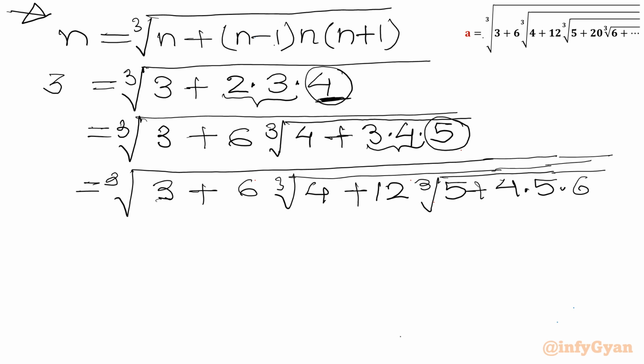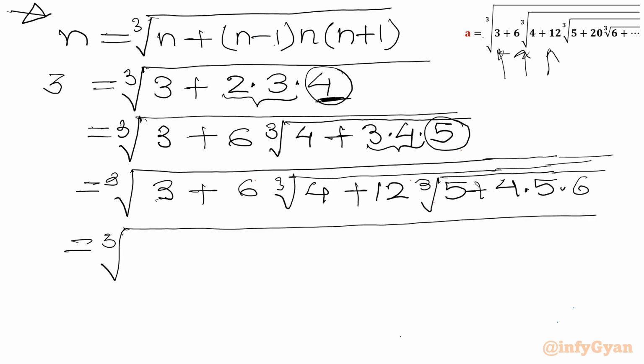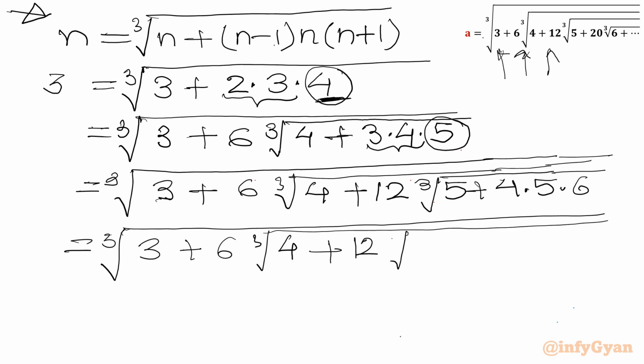Now you can see it is matching. 3 is here, 6 is here, 12 is here. Cube root of 3 plus 6 times cube root of 4 plus 12 times cube root of 5 plus, I will take the product of 4 and 5, which will be 20, and then we will apply the recursion formula for 6.